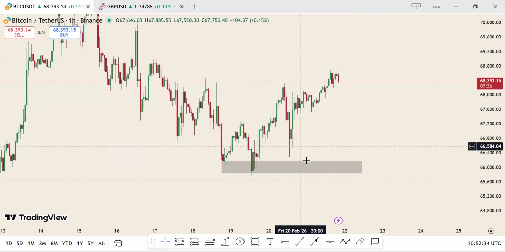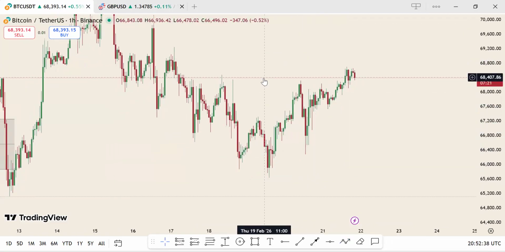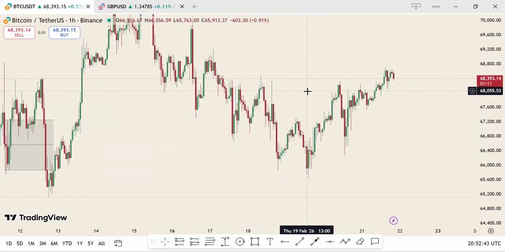All right, most times I prefer using QMRs to normal order blocks because QMRs work a lot. So go to 45 minutes. What's 45 minutes time for?